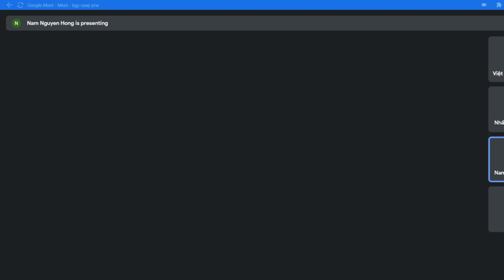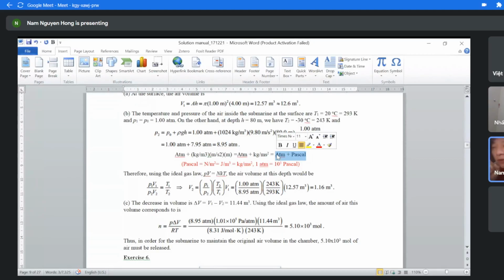Then what we have here is atmosphere plus Pascal. If you forget, then you will have a wrong result, because here you calculate using atmosphere, but here you calculate using Pascal. So you have to do the conversion, right? By dividing what we found by this unit.